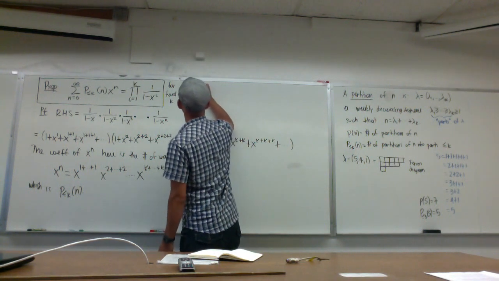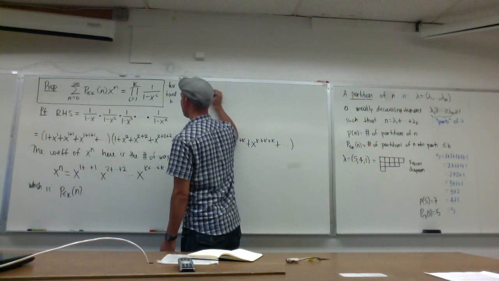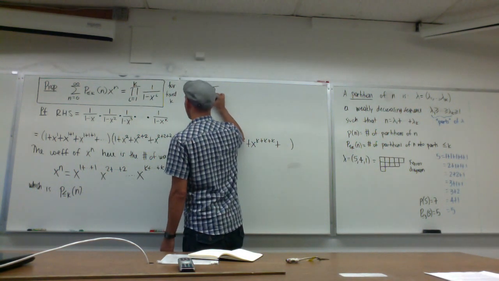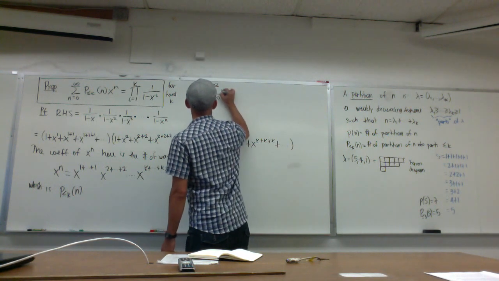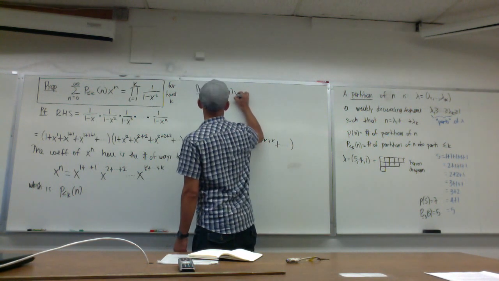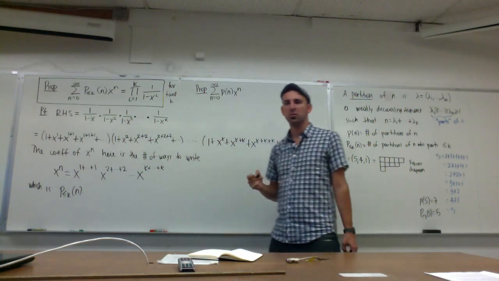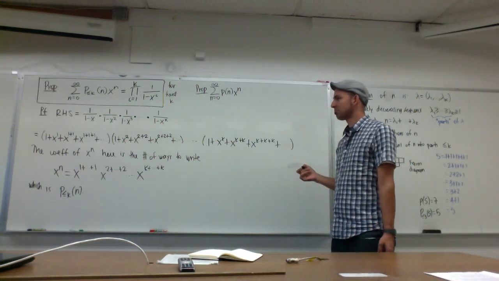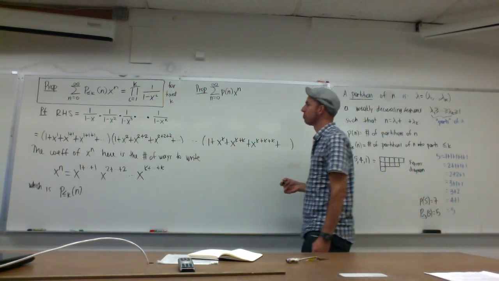What if now I don't have any fixed k, I just want all partitions? What should this be equal to? Well, just don't stop at k.